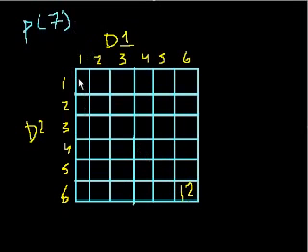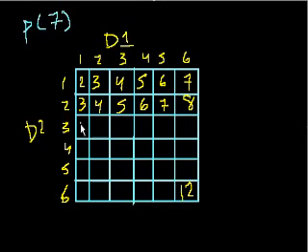Right? And we could go through all of them. Essentially, we could take the sum of dice 1 and dice 2 and ask, what do they add up to? Oh, this is 2. This is 3, 4, 5, 6, 7, and then the next row will be 3, 4, 5, 6, 7, 8.